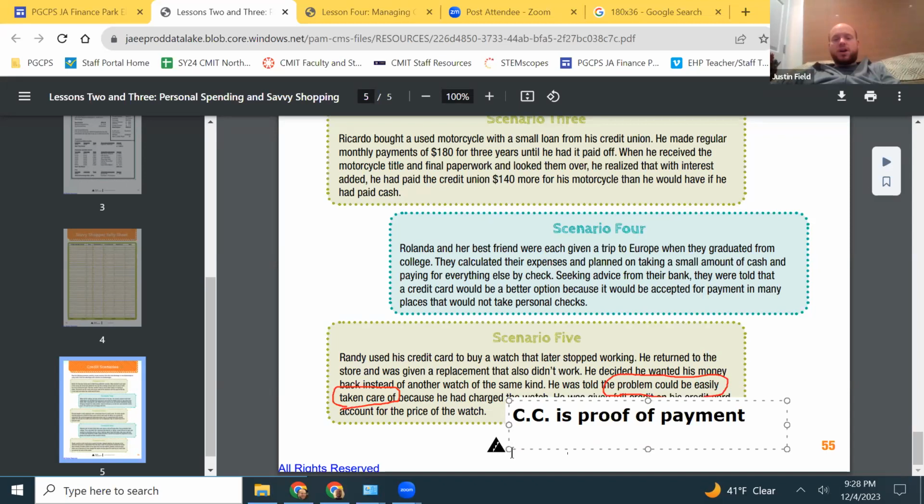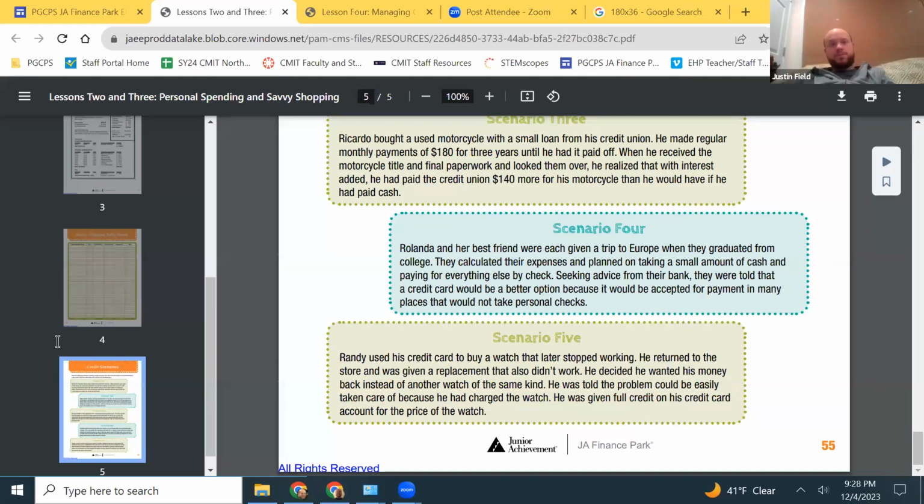Let's say that Randy had used cash to pay for it and lost the receipt, then he couldn't take it back because there was no proof that he bought it and it's broken. And the store doesn't want it back anyway. But because he had used a credit card, boop, there's documentation that he did buy the watch and it's broken. So there you go, credit versus debit.